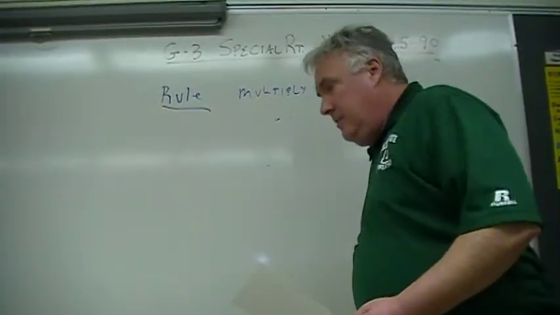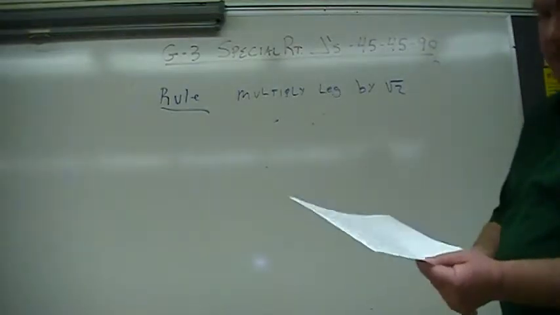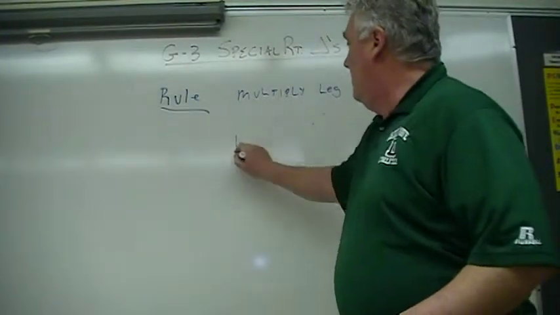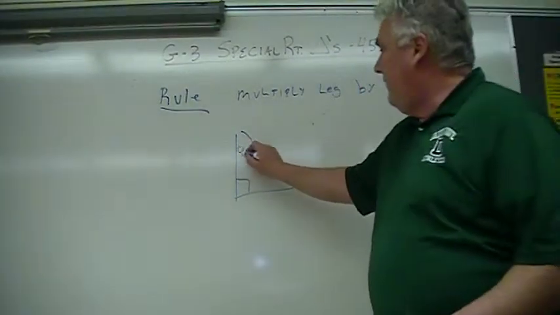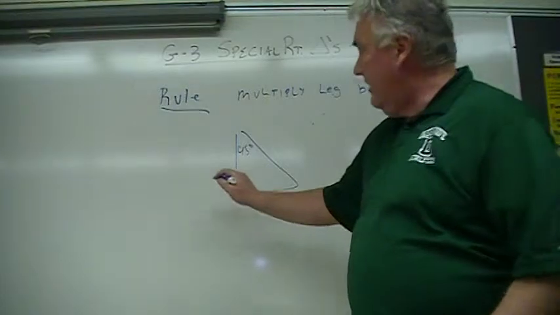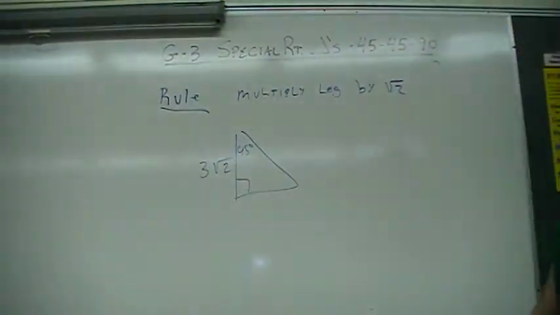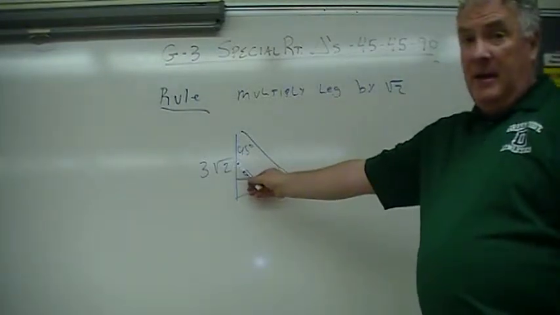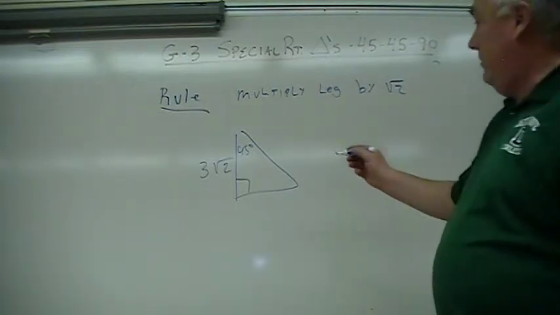Example number 2 is a little bit more complicated. So there's our right triangle. It's 45, 45, 90. And one of the side lengths is 3 times the square root of 2. What's our rule? When we know the leg, to find the hypotenuse, multiply the leg by the square root of 2.